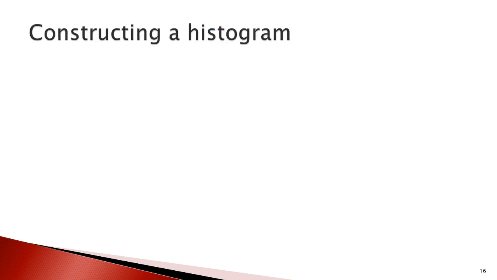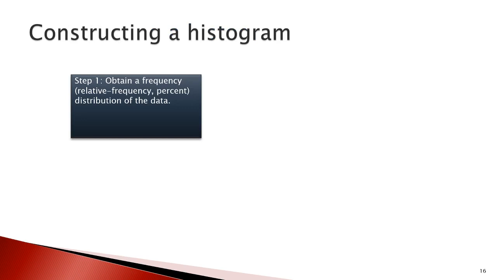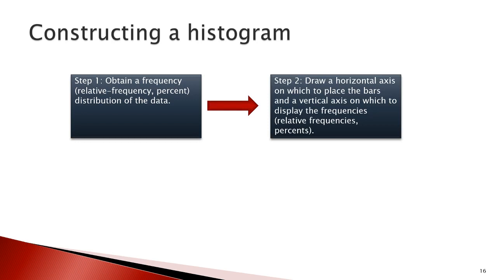Now let's see how to construct a histogram. The first step is to obtain a frequency, relative frequency, or percentage distribution of the data. You know how to obtain frequency or relative frequency, right? The second step is to draw a horizontal axis on which to place the bars and a vertical axis on which to display the frequencies, relative frequencies, or percents.